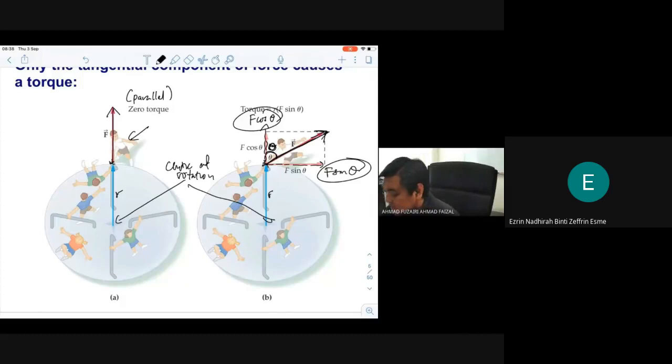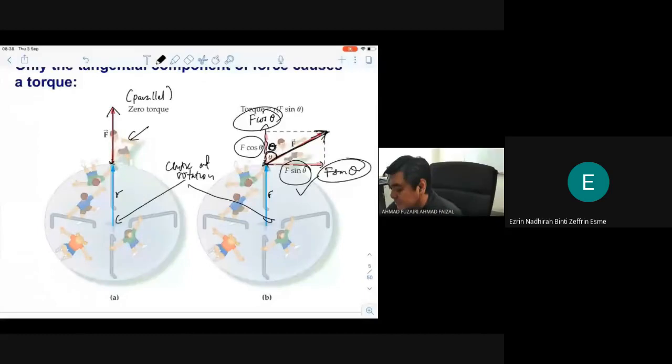Okay, let's say kalau kita ambil theta sebagai 0. Kalau kita tengok F cos theta atau F sin theta yang akan bagi value bila kita calculate torque? Tak kisahlah theta tu berapa, definitely F sin theta yang akan bagi value.